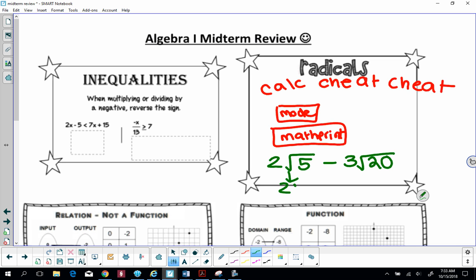Second. And then what? X squared. So when you press second x squared, that gives you the radical sign. And so when you write that in, you do 2 radical 5. And then make sure you press the side button. Make sure it doesn't all go into the radical. Press the side button a couple times. Minus 3 radical 20.